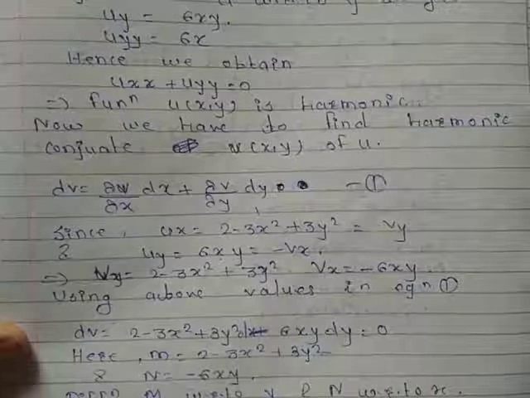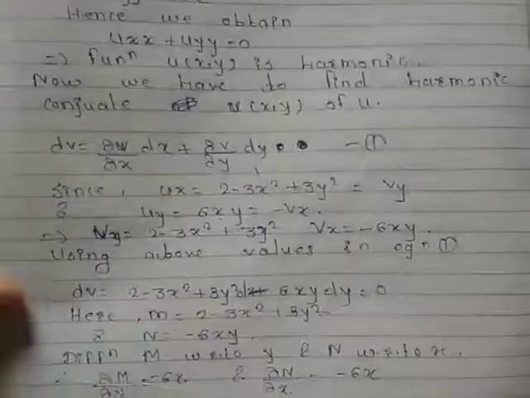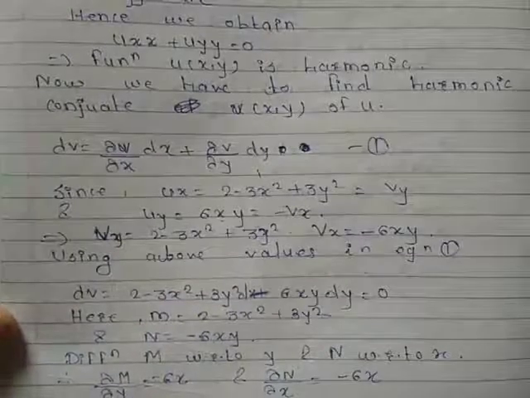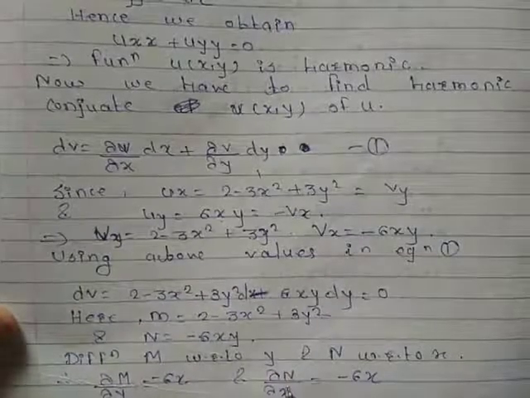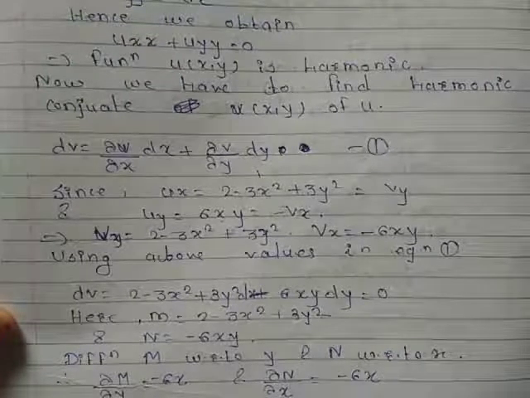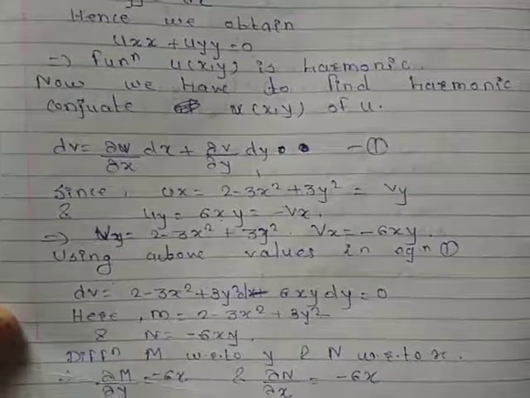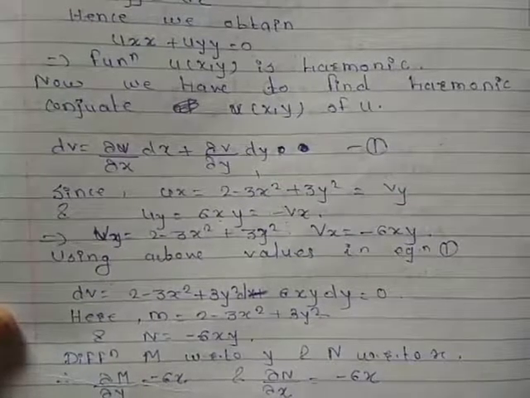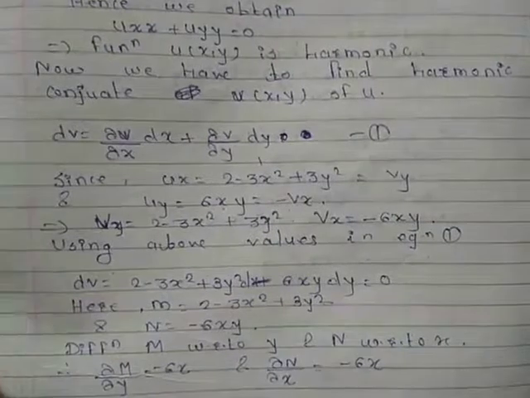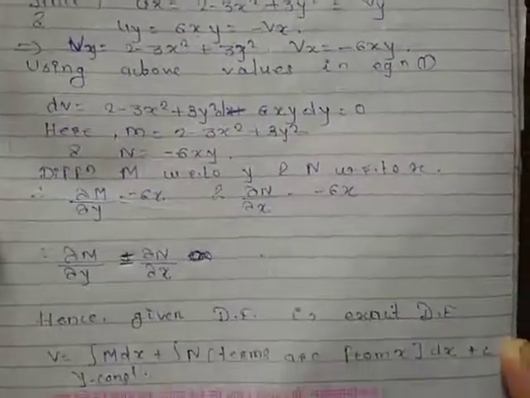Differentiating M with respect to y and N with respect to x, we get ∂M/∂y is equal to minus 6x and ∂N/∂x is equal to minus 6x. So ∂M/∂y is equal to ∂N/∂x. Hence, the given differential equation is an exact differential equation.